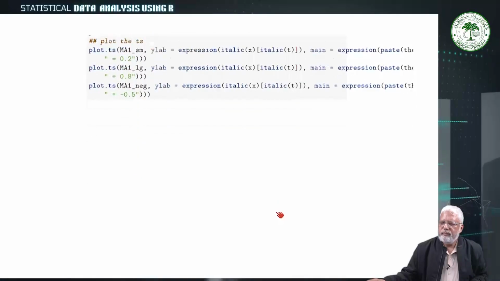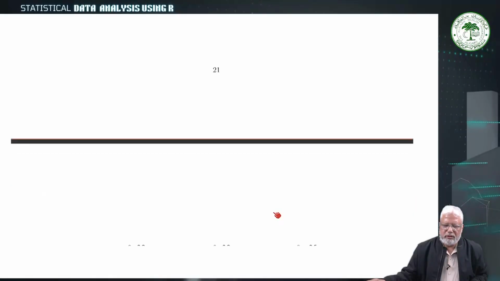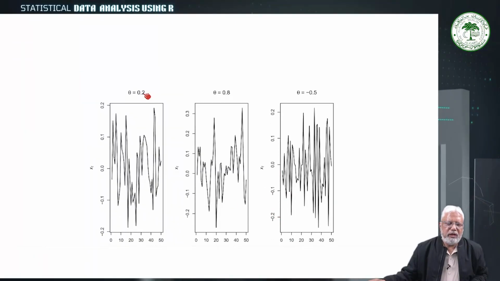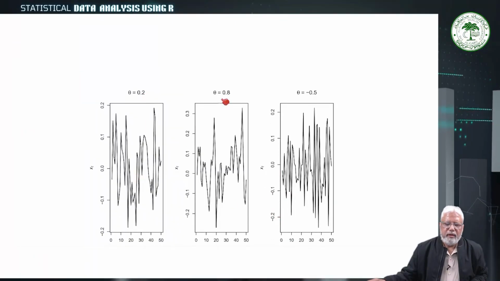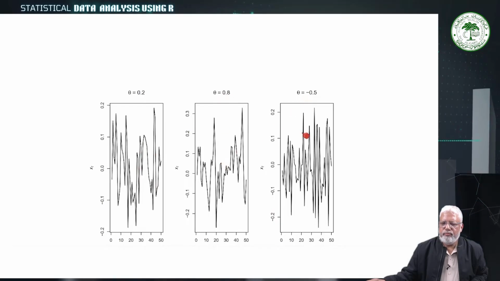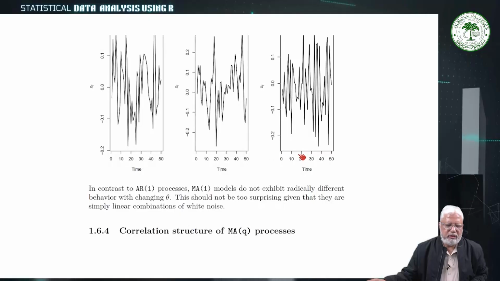Again, these expressions I have already discussed. So this is when theta is equal to 0.2, when theta is equal to 0.9 it looks like this, and theta equal to -0.5 it looks like this.